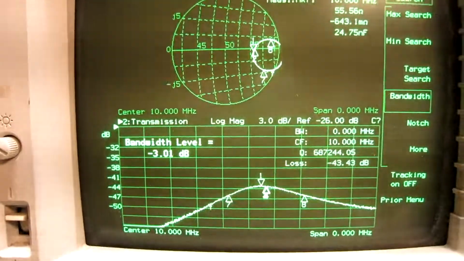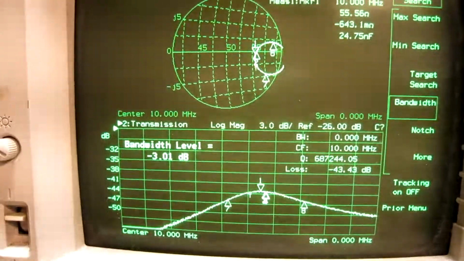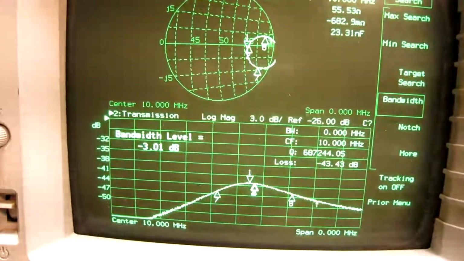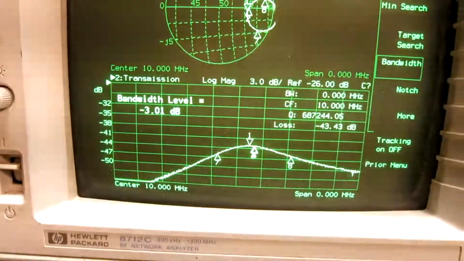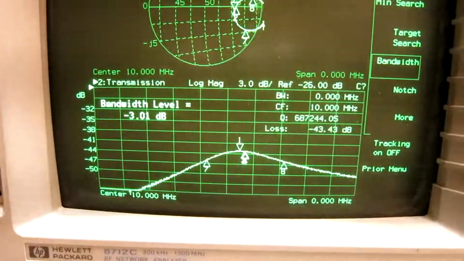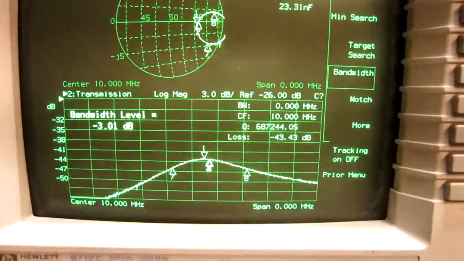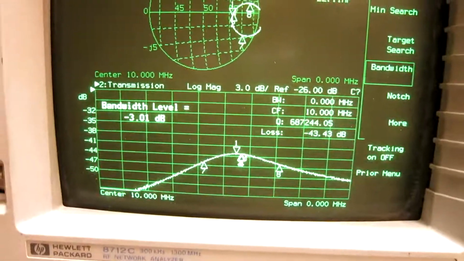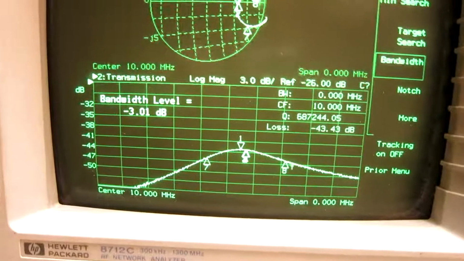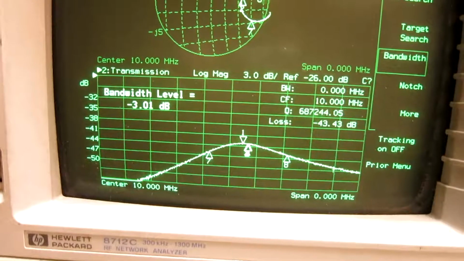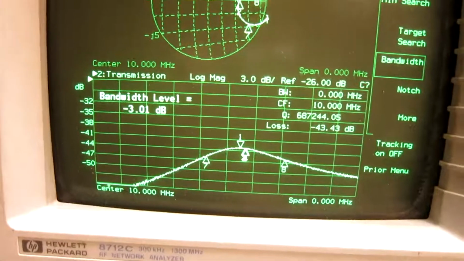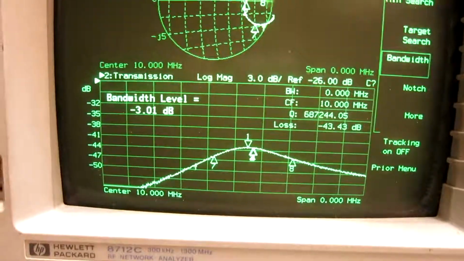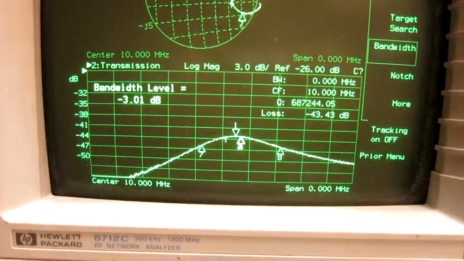And this is what I see on the network analyzer. This circle here is approximately half the diameter, and the Q is approximately half. It went from 1.22 to 0.68. So I should have used a somewhat smaller resistor, but I haven't done this with the precision motivating such a closer study.